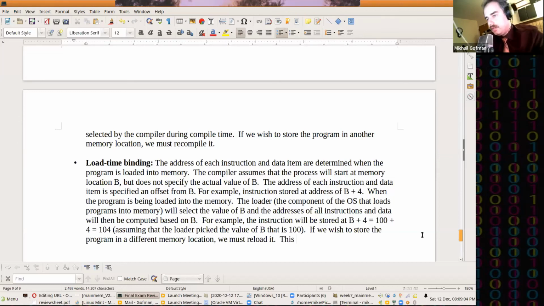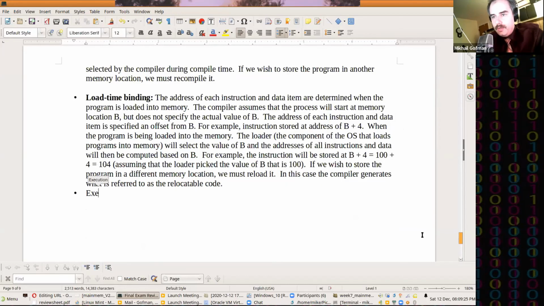And I'll add, in this case, the compiler generates what is referred to as relocatable code, okay? And then we have execution time binding.